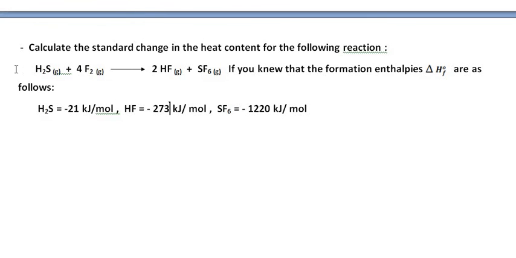Minus, for the sum of the heats of formation of the reactants. For hydrogen sulfide, this is 1 mole, this is the heat of formation of hydrogen sulfide, minus 21 kilojoules per mole. And this is 4 by 0, the heat of formation of fluorine gas. This is an element, 4 multiplied by 0. You can get the answer in this way.